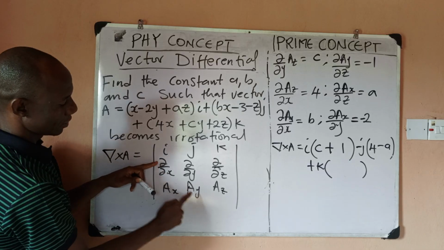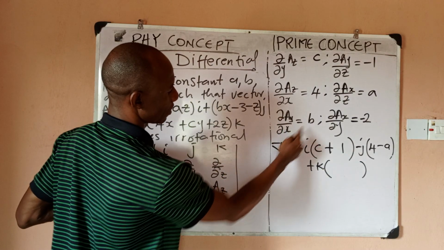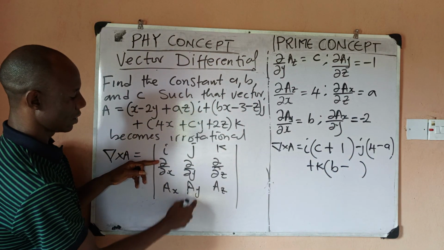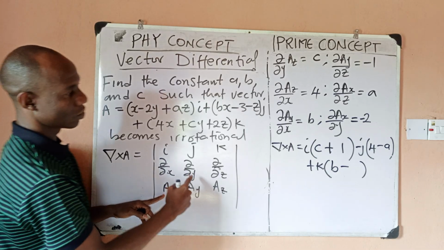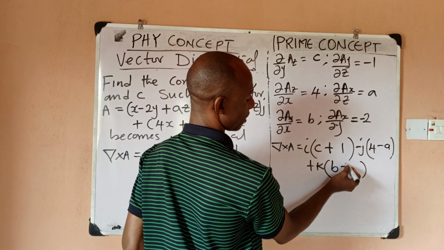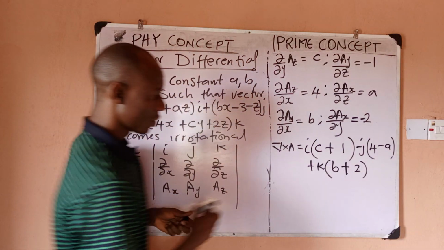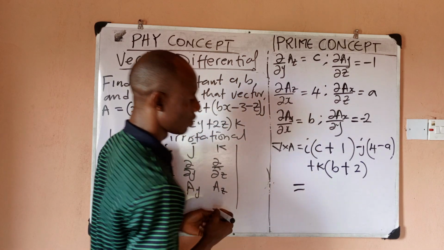So I have Ay with respect to x, which is b. Then I'll say minus. I'll do this times this, that is to say Ax with respect to y. This is minus 2. When it comes here, it becomes plus 2. So this is what I have. If I should resolve this, it will remain that way.